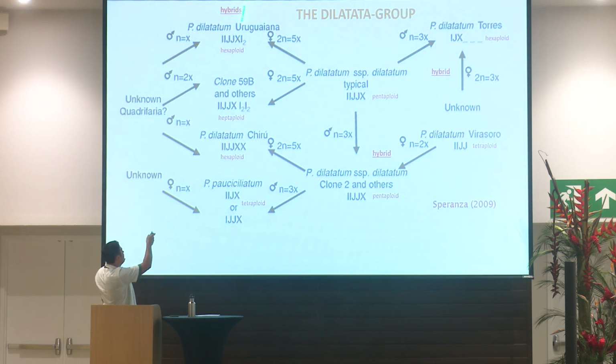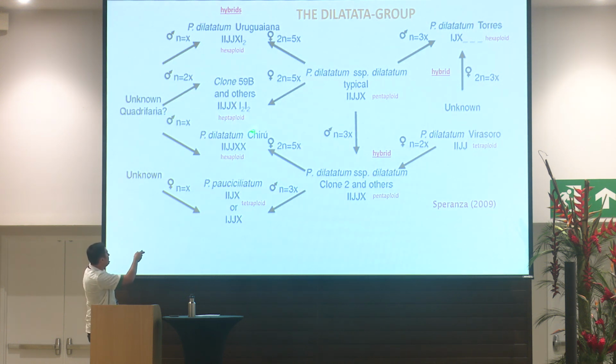So here we have several hybrids. This biotype here, Uruguayana, was generated by crossing between the typical dilatatum and an unknown father probably from the Quadrifaria group. And this pentaploid here with this one here generated a hexaploid. And here this clone 59B was generated by crossing the typical dilatatum and a donor from the Quadrifaria group as the father and generated a heptaploid.